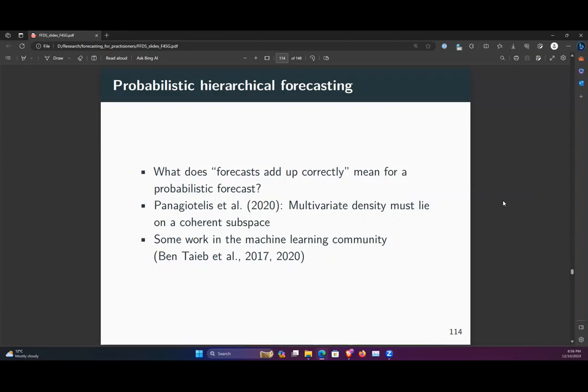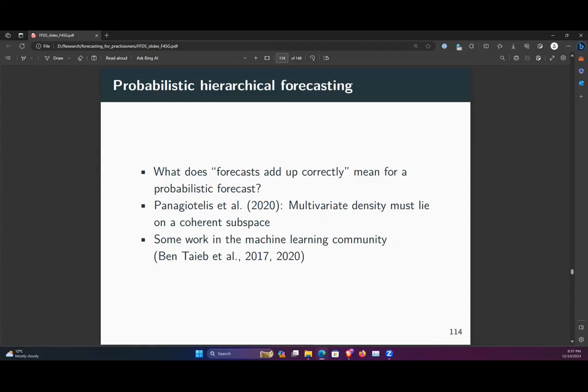So how do you make sure that they are coherent across all the different quantiles, right? That's where this paper comes in, where they use the geometric view, where they consider each of these probabilistic forecasts or the probabilistic density functions to integrate into one over all the different variables together.